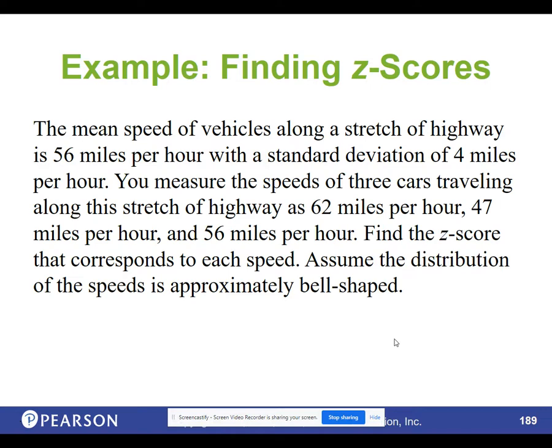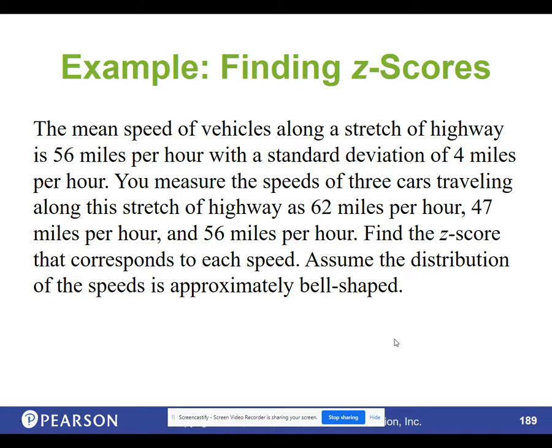Remember back to our empirical rule yesterday. Think about a z-score of 1.5. Where would that belong?